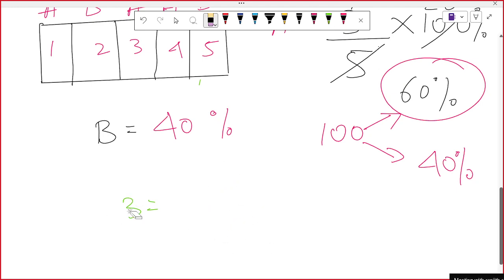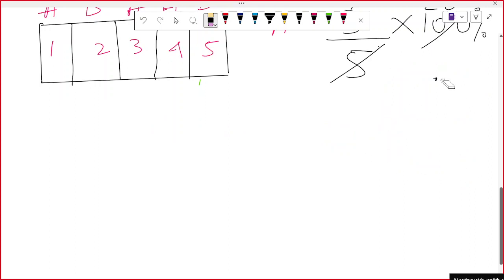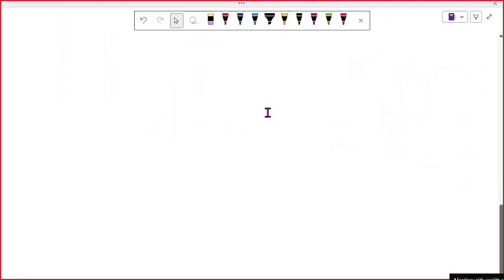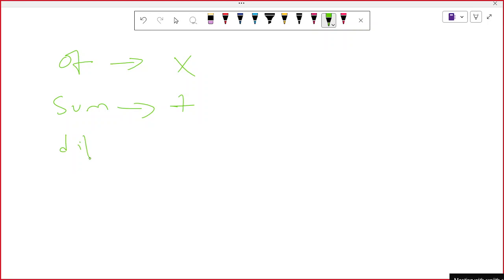Understood with this concept? Any doubt in percentage, percent? No? Okay. Remember a few words which I've already explained. What do you mean by "of"? Multiplication, sir. Remember these words. Sum is addition, difference is minus. Percentage is 100. Whenever you see this percentage, the value is 100. Look here, 5%.